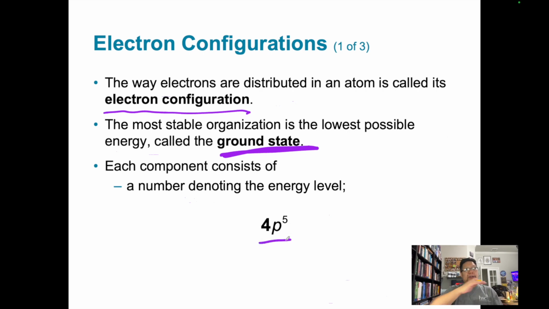Electron configurations get very long, but it's just a series of these. The first thing to note is that the 4 there is the n equals number, the principal quantum number, and this tells you the energy level. P, of course, tells you the orbital shape.